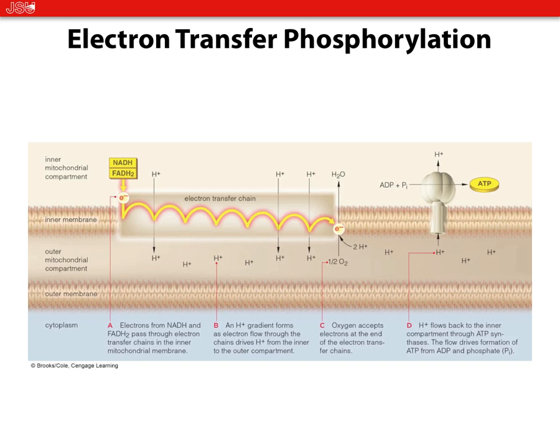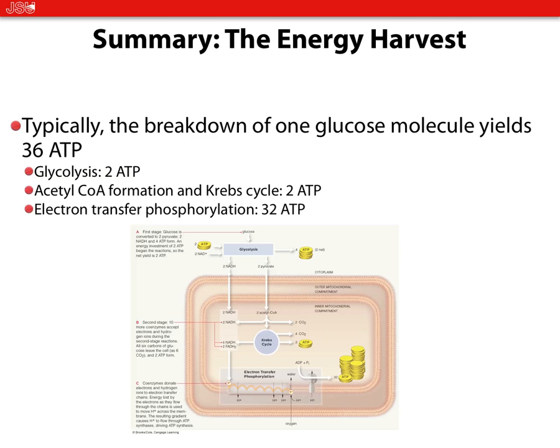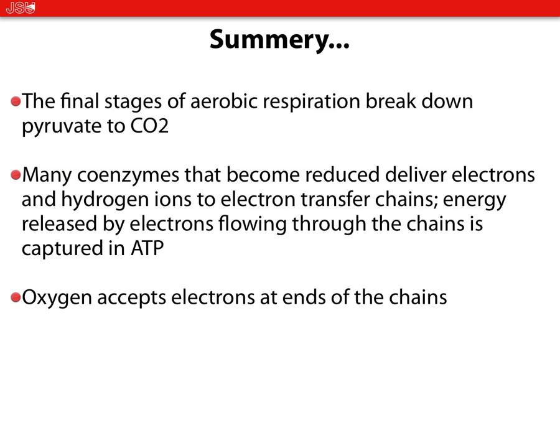And it's going to make a lot of ATP. Typically, glycolysis is going to make 2 ATPs. The Krebs cycle is going to make 2 ATPs, and the energy carriers that we talked about, FADH2 and NADH. And then the last step is going to take those energy carriers and convert those into a lot of ATPs, 32.